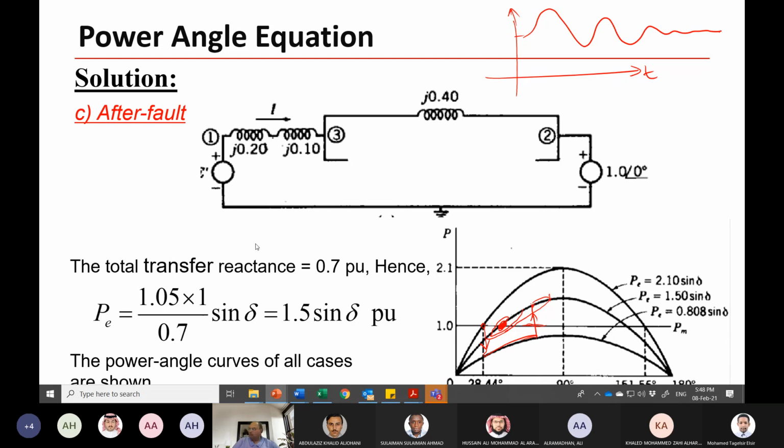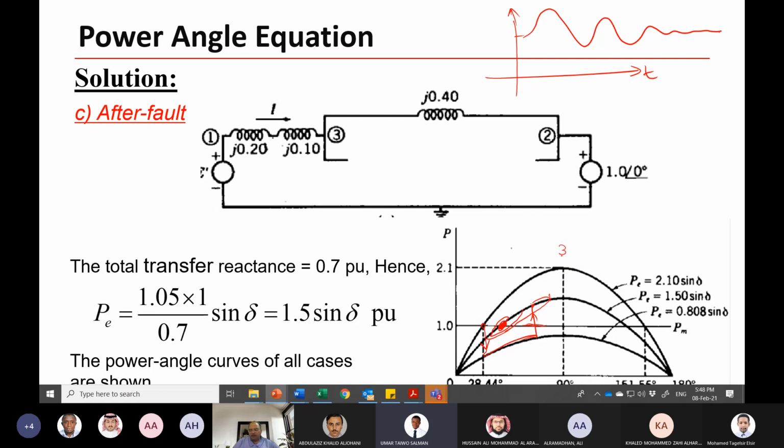Yes, doctor. Yes, please go ahead. Before, in the curve you drew, we identified 3 regions in which the new point can be after the fault is cleared. We identified region 3, which is above the pre-fault condition.